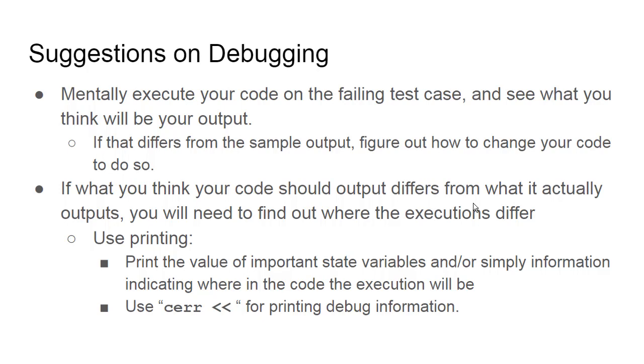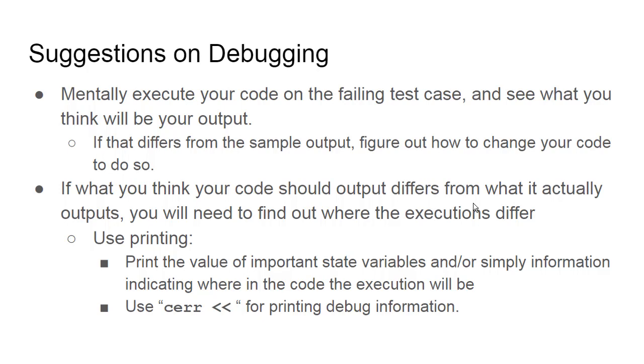When you debug, the first thing you do is mentally execute your code on the failing test case and see what you think should be the output. If the output from your mental execution already differs from the expected sample output, then you know your code is wrong, and you need to figure out how to change it.